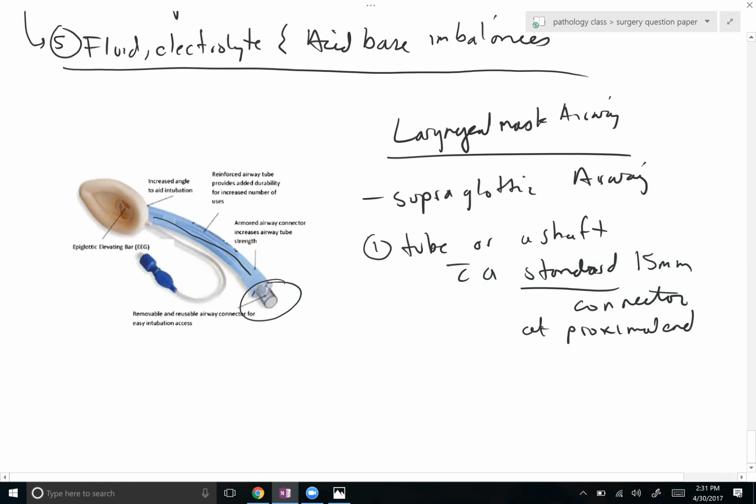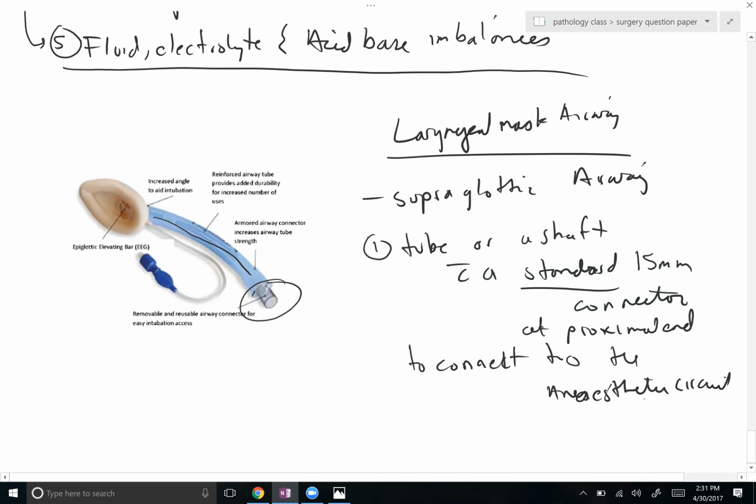Why do we have this? To connect to the anesthetic circuit, which can be a ventilator and so on.